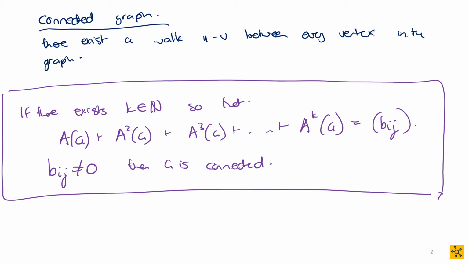So this is the way to go about it. It's not always the easiest way because you have to keep on taking your powers of your matrices to actually look at this and go through it.